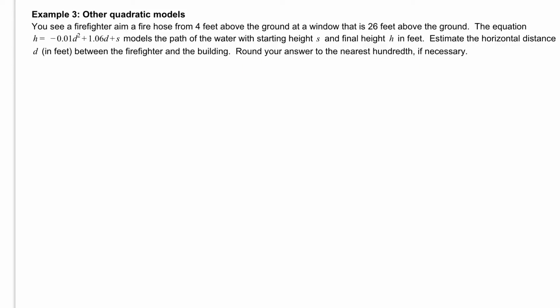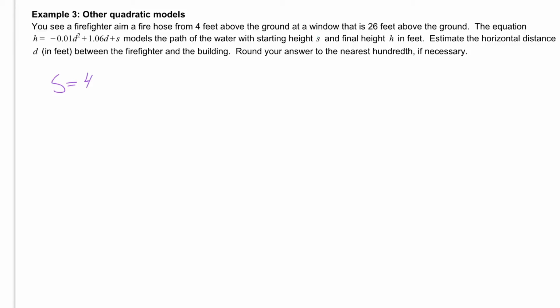So we're given the equation we need to use, and what we need to figure out is what letters we have. It says you see a firefighter aim a fire hose from 4 feet above the ground. So 4 feet above the ground is our initial, or starting, height, which is s. So s is equal to 4.